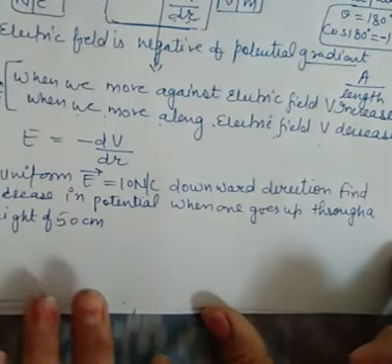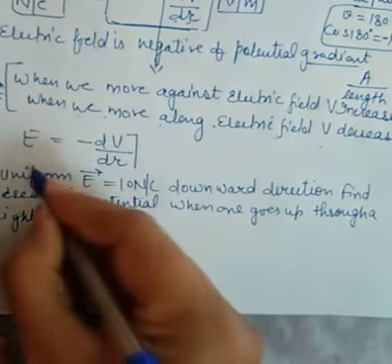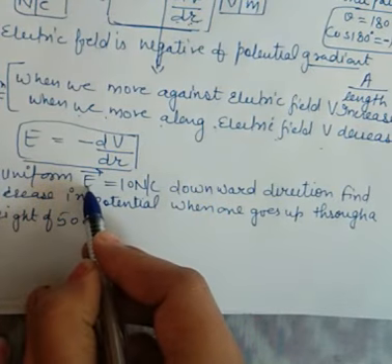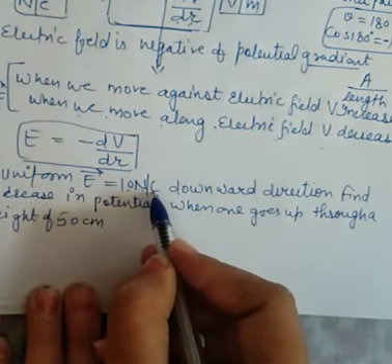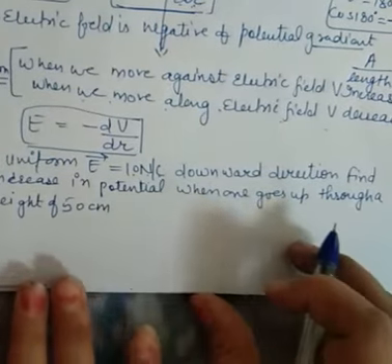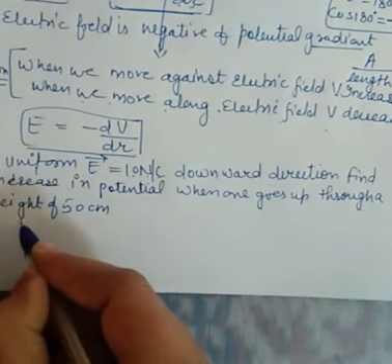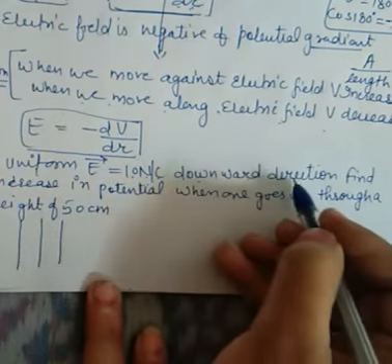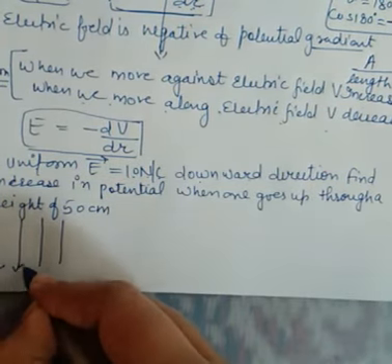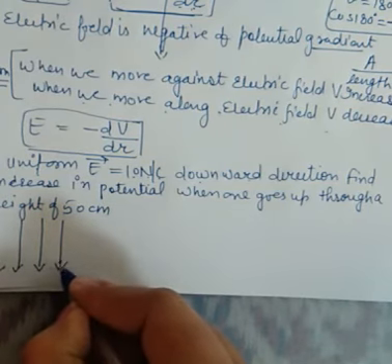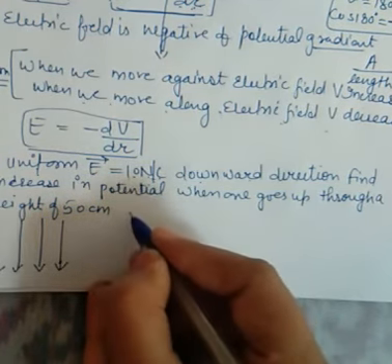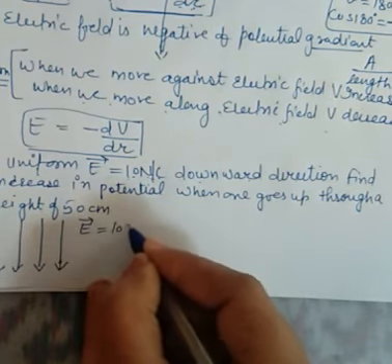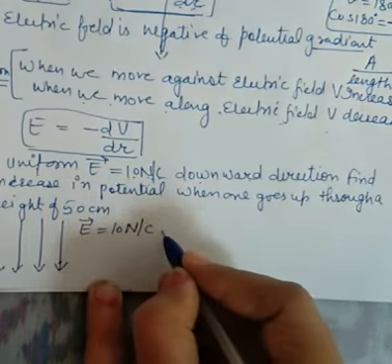Now the numerical, so as to make the concept clear: there is a uniform electric field of 10 Newton per Coulomb, and uniform electric field is represented by equidistant parallel lines in vertically downward direction. It means the arrow of electric field is downward, and its value is 10 Newton per Coulomb.